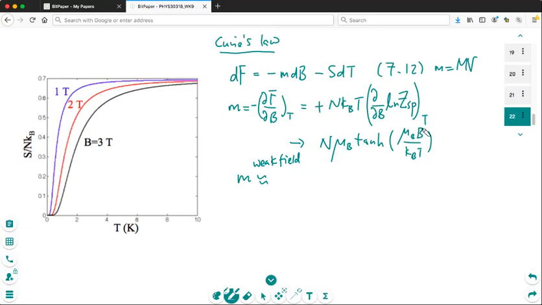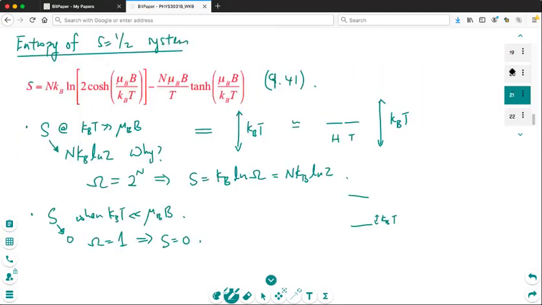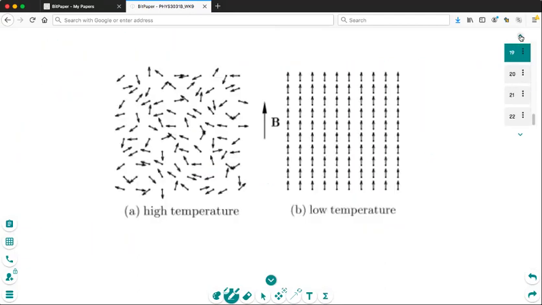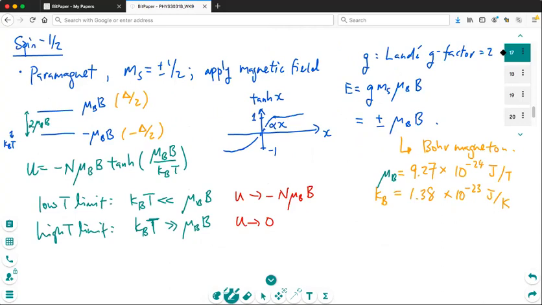Weak field means mu_B B is small compared with k_B T. So this hyperbolic tangent behaves like a linear function with an intercept of 0. This is the figure I gave you earlier. At low x, this is linear, and it goes to 0.